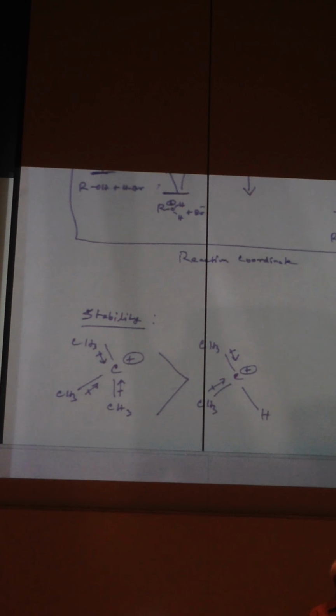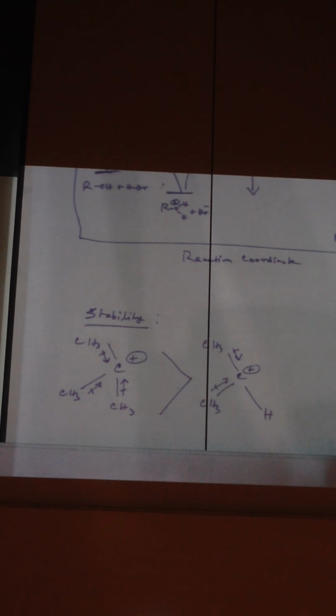Therefore, stability of this one is higher than if you have an isopropyl group, which has only 2 methyl groups and a hydrogen. The methyl groups are much more efficient in neutralizing the positive charge or making it more stable.